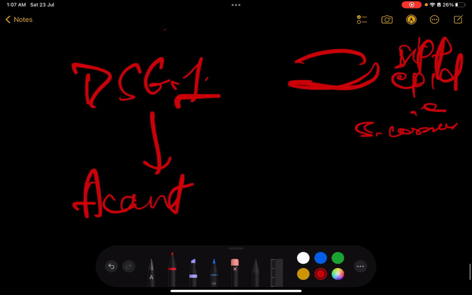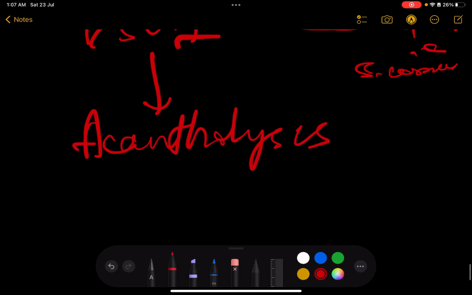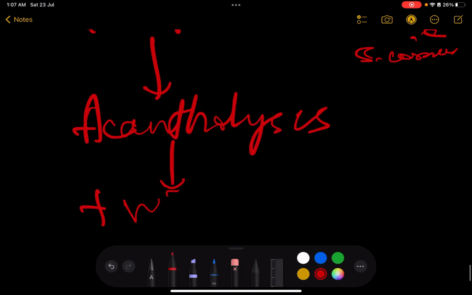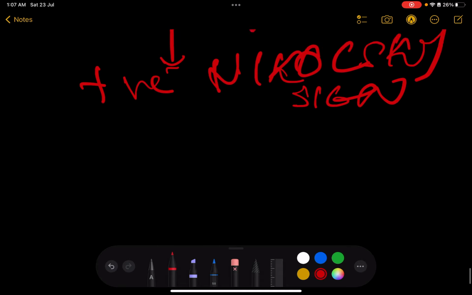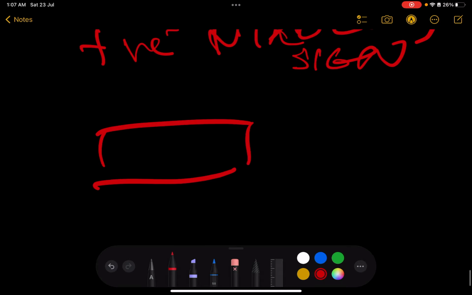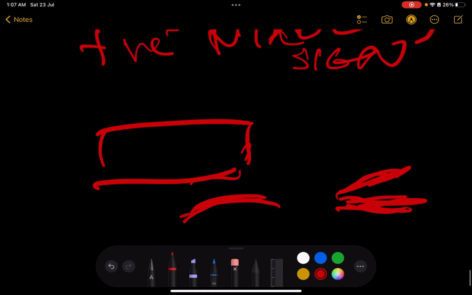Because of acantholysis, it shows a positive Nikolsky sign, the true Nikolsky sign. When we take a glass slide, and this is your lesion, and you apply pressure, the lesion separates because of acantholysis. This is what we call Nikolsky.